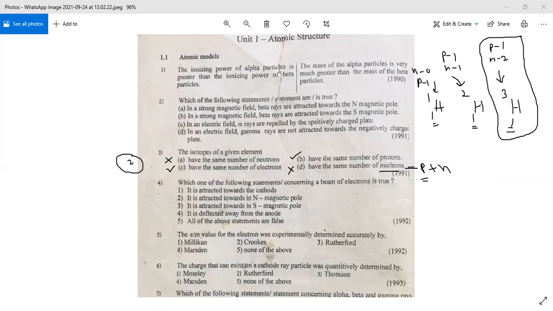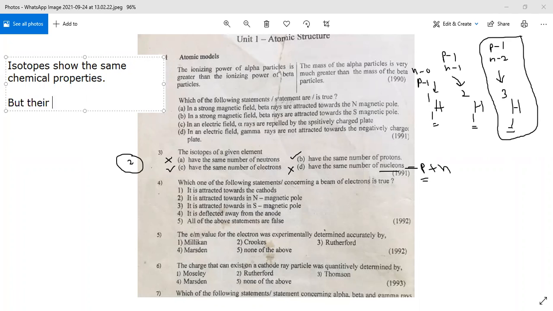This point will also help you. There are additional points that come in the exam under isotopes. You can take this down: isotopes show the same chemical properties, but their physical properties are different.